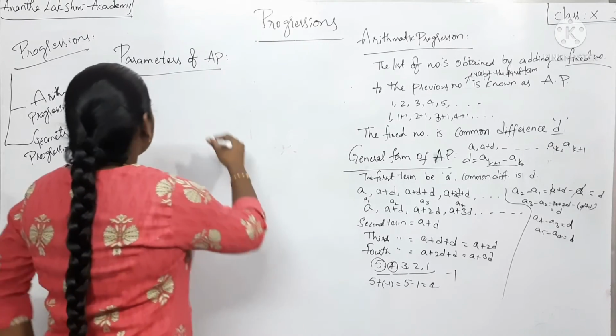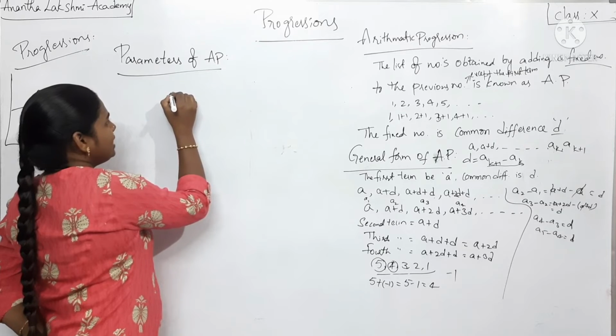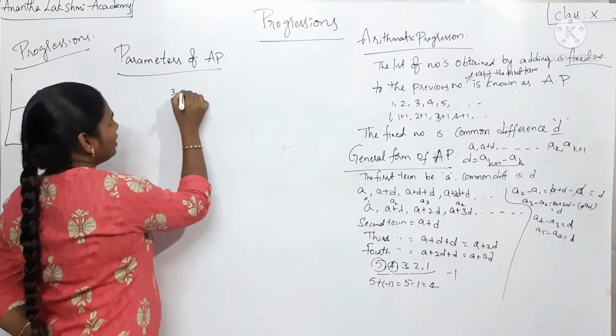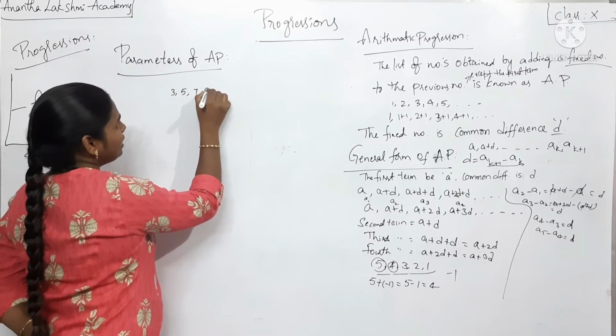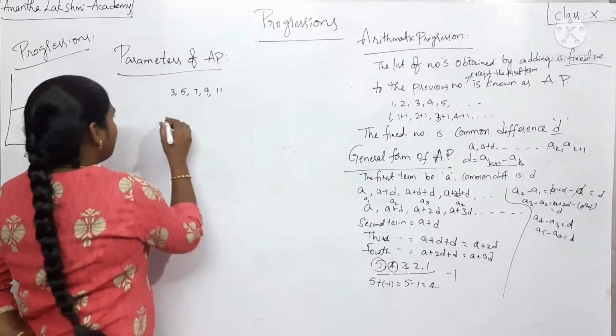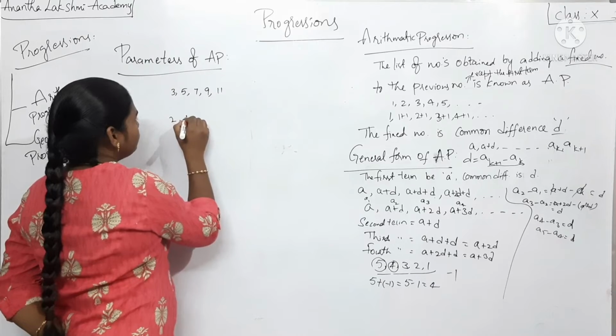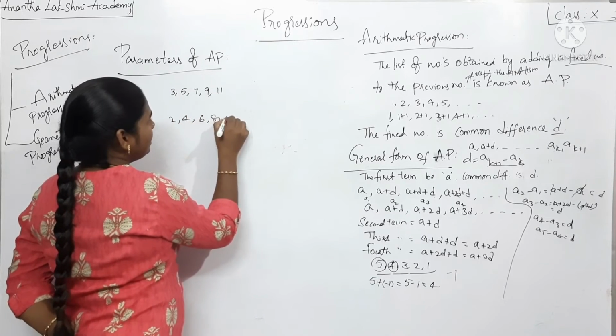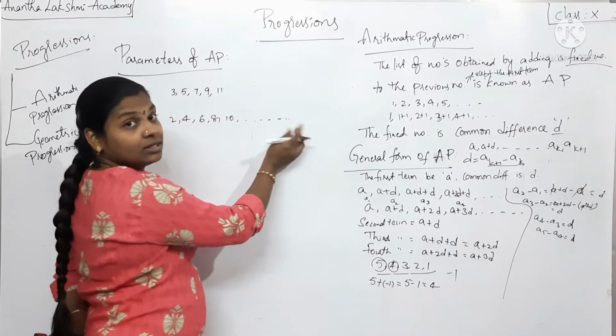Say for suppose I'm considering a series like 3, 5, 7, 9, 11. That's it. This is a series. And I'm going to consider the next one as 2, 4, 6, 8, 10, and so on.